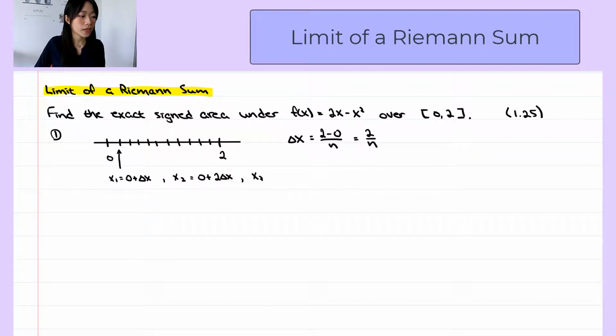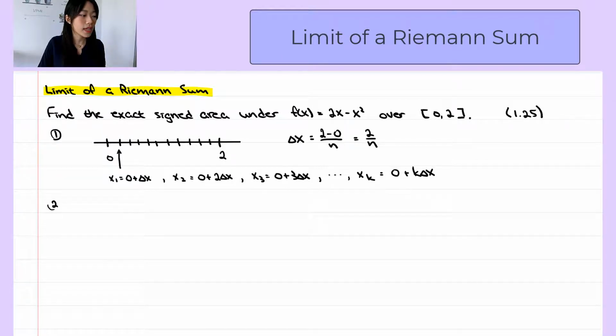And x3 would be 0 plus 3 delta x. A general form would be xk, which equals 0 plus k delta x.